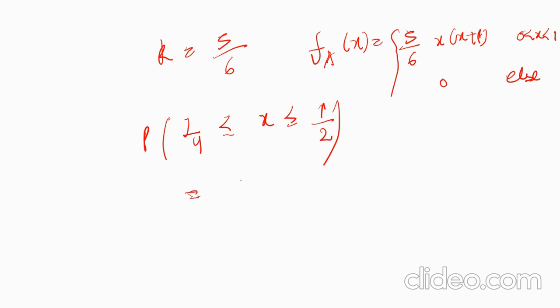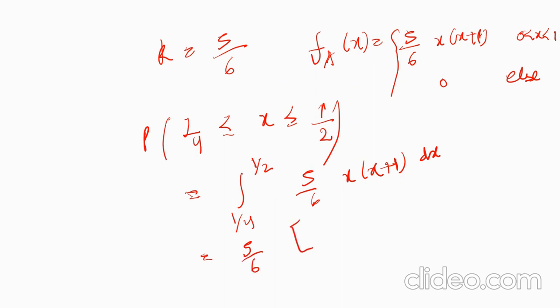So it will be the integral from 1 by 4 to 1 by 2 of 5 by 6 times x(x plus 1) dx. Right? So we will have 5 by 6 times, x square becomes x cube upon 3, and this will be x square upon 2.